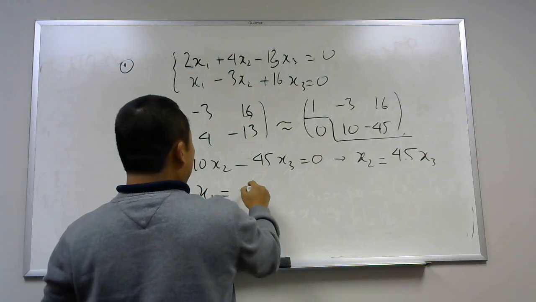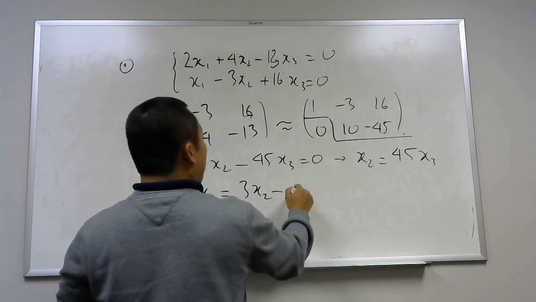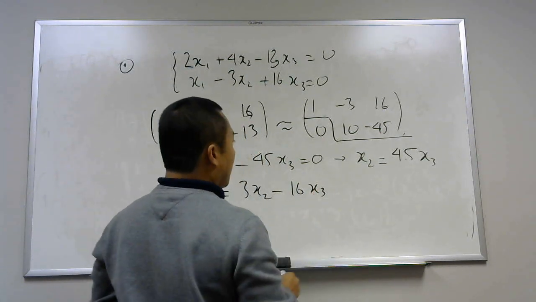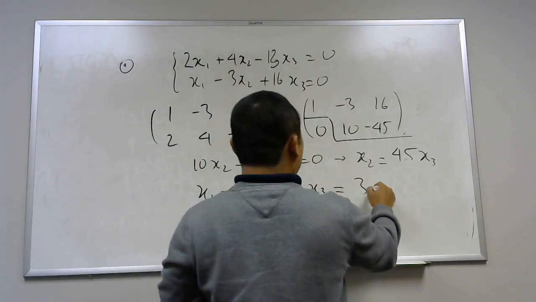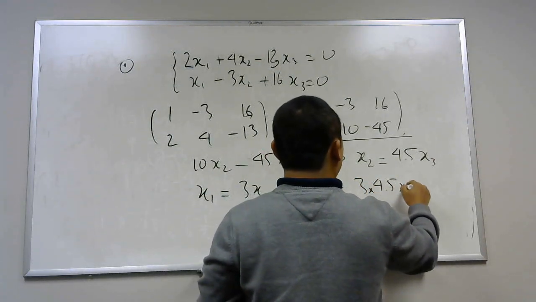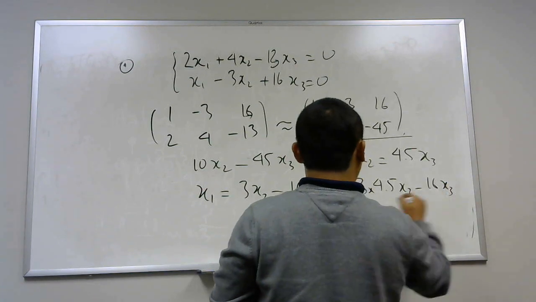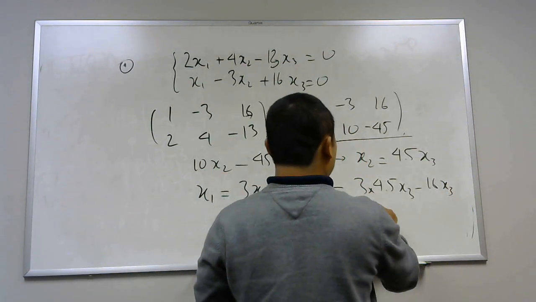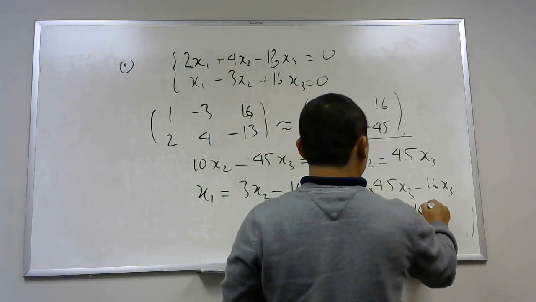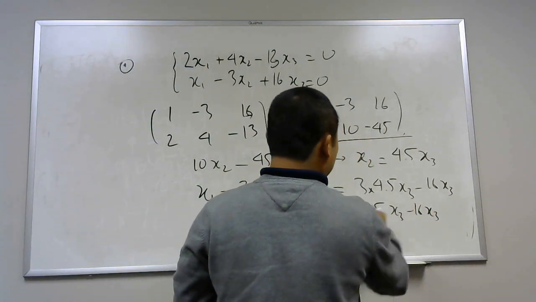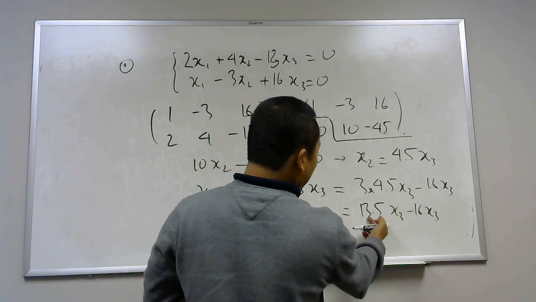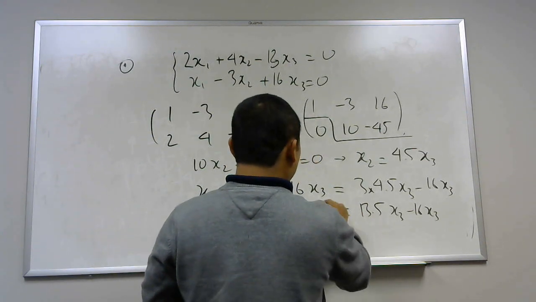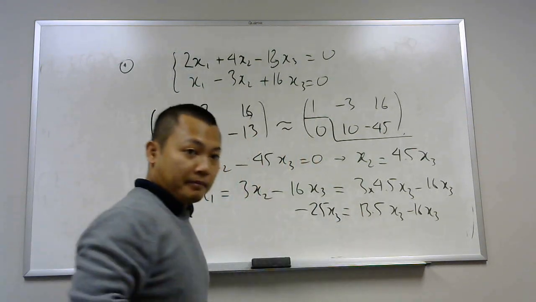I have x1 equal to 3x2 minus 16x3. And so that is 3 times 4.5x3 minus 16x3. So I have 13.5x3 minus 16x3, and 13.5 minus 16, I get negative 2.5x3, right?